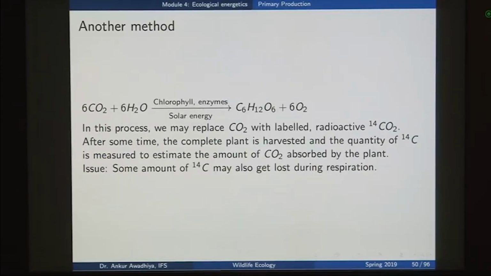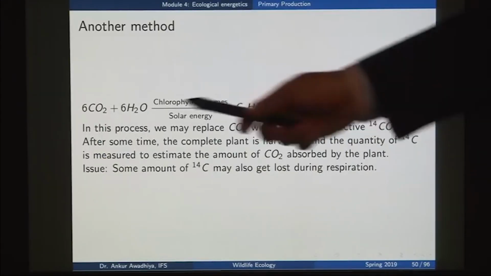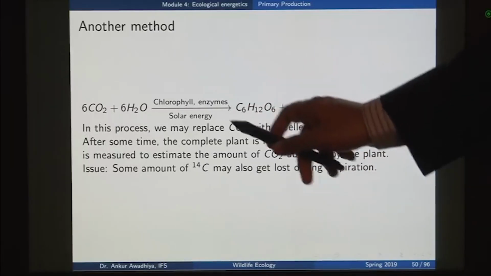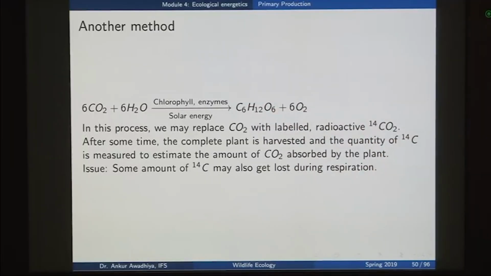So, here we say that in place of carbon dioxide, we replace it with radioactive carbon dioxide. So, if we replace carbon 12 with carbon 14, then this carbon 14 will also get incorporated in these sugar molecules that are being produced. So, we can put this plant into a chamber in which it is not having our normal CO2, but all the carbons in the CO2 have been labeled.